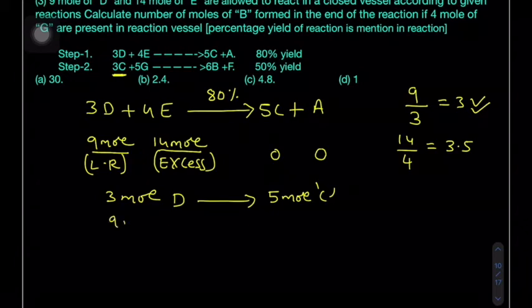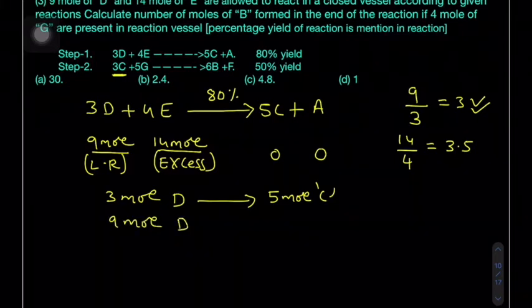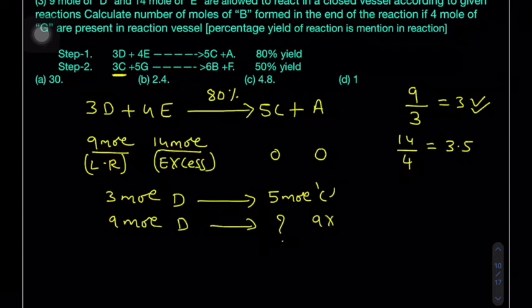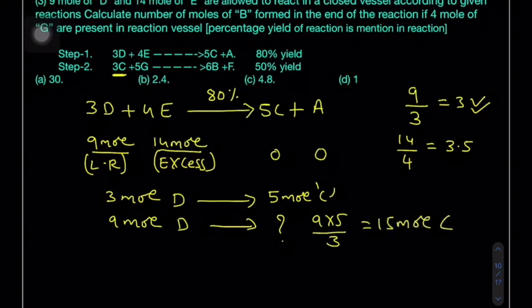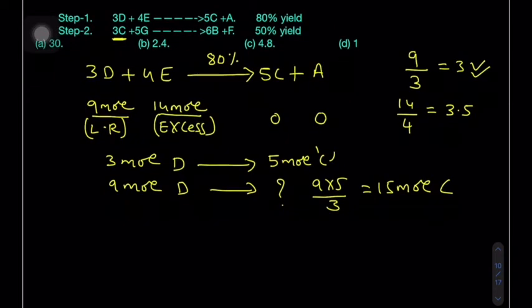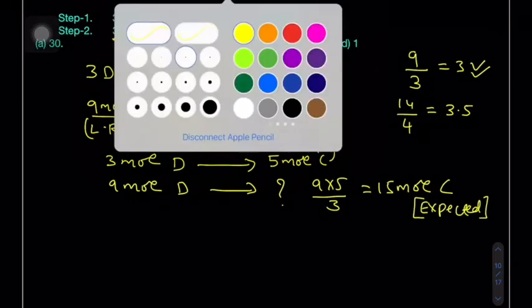Now how many moles of D? 9 moles of D will give how many moles of C? 9 into 5 by 3, that is 15 moles C. Now this 15 moles C is expected because if the reaction is assumed to be 100%, then this will be the answer.